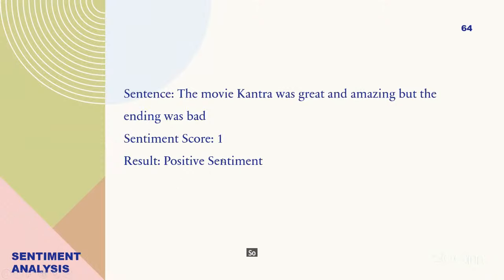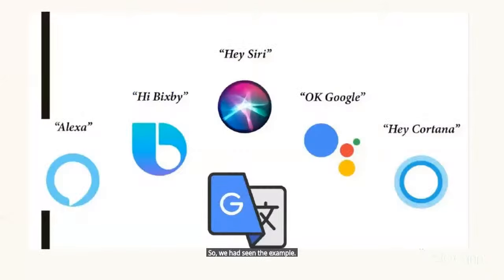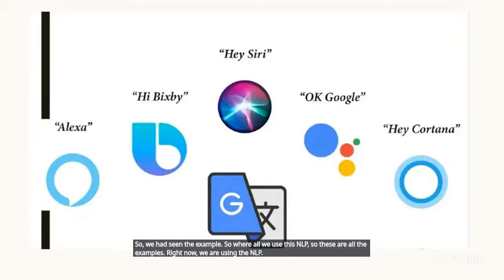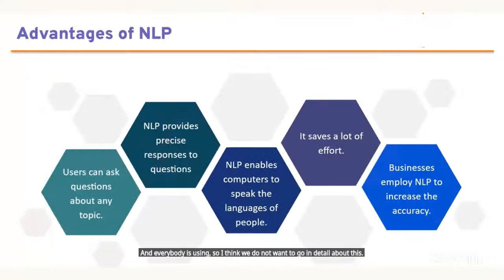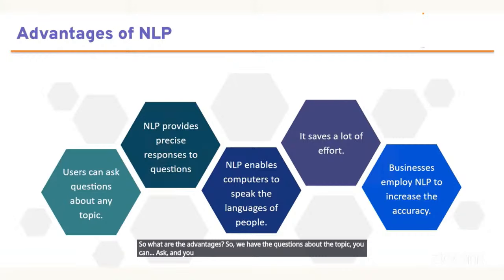So we had seen the example. So where all do we use this NLP? So these are all the examples. Right now we are using the NLP and everybody is using. So I think we do not want to go into detail about this. So what are the advantages? We have questions about the topic you can ask and you can get the response to all the questions.